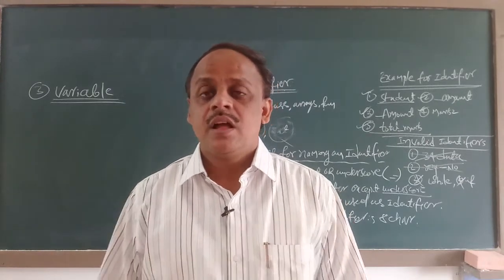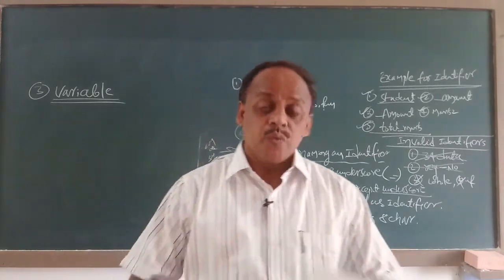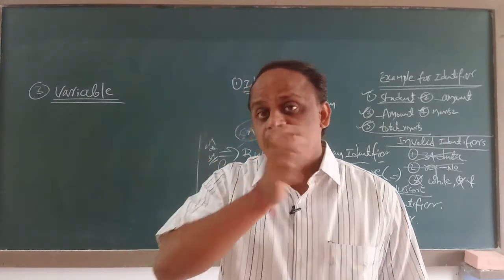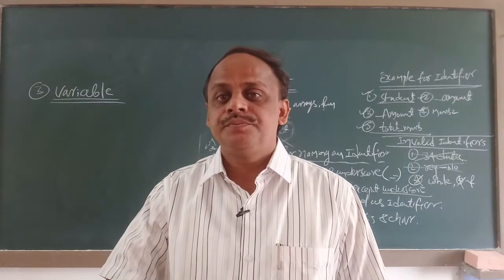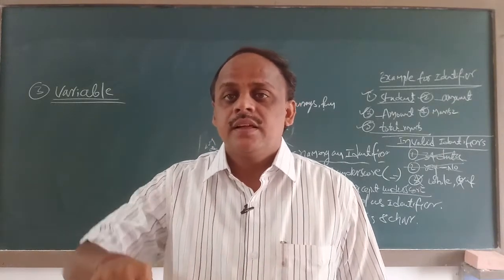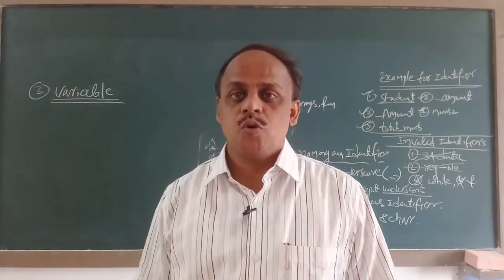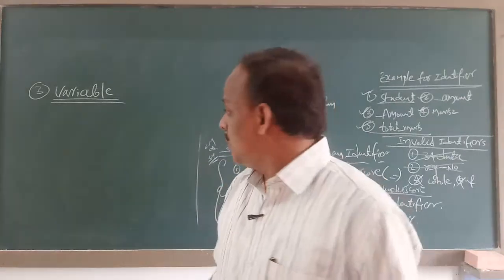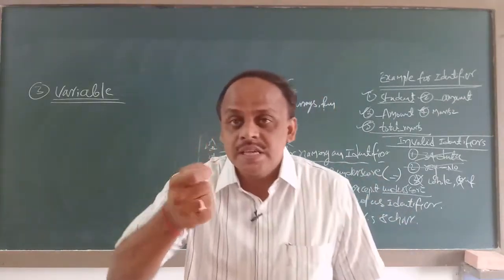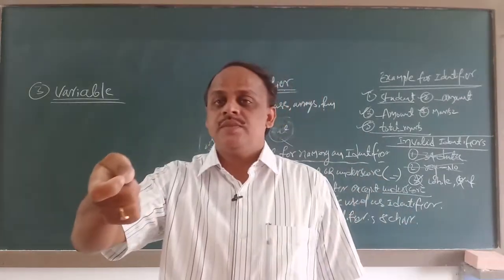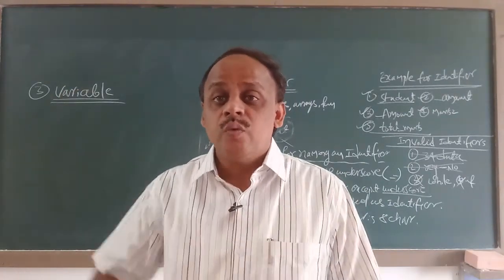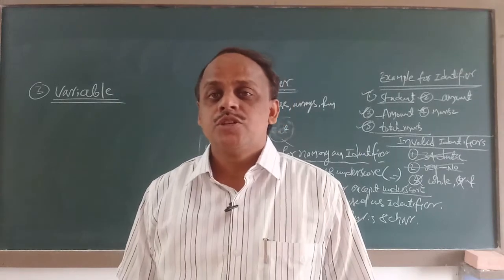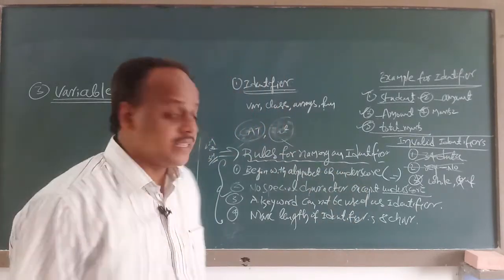This is one definition. Or else we can say a variable is a memory location where a value is going to be stored. In another definition, a variable is a particular memory location. A variable is a name given to the memory location where a value is going to be stored. Let us see one diagram here.